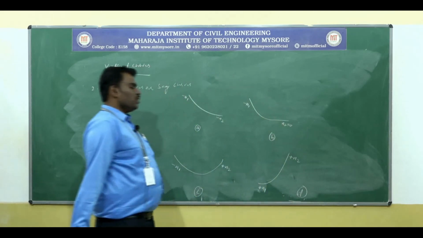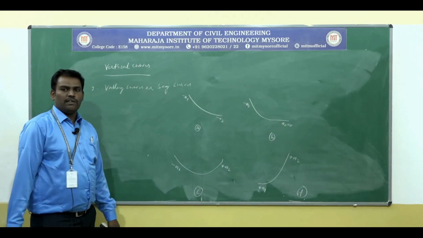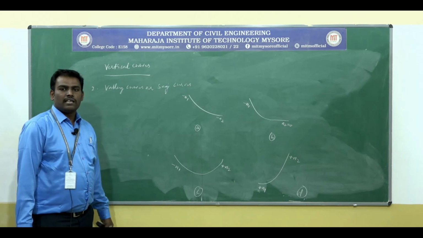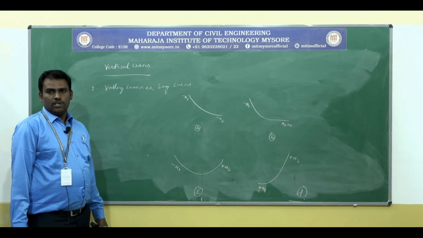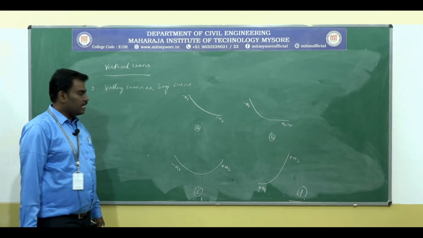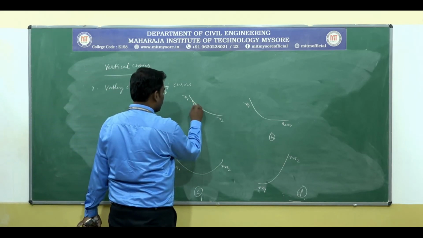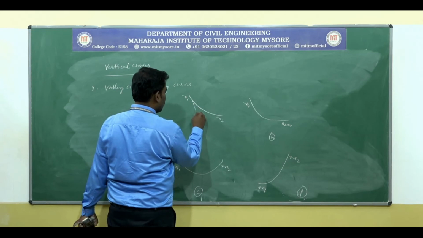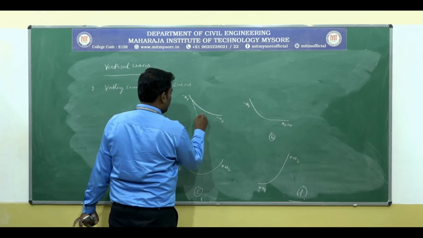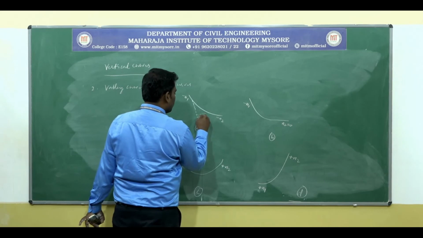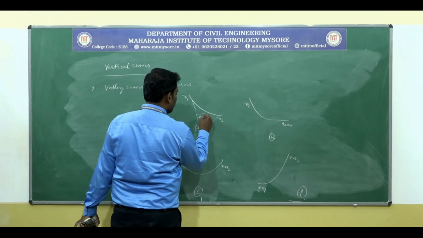And you know that the deviation angle is the algebraic difference between two intersecting gradients. For the first case, the deviation angle n is equal to what?